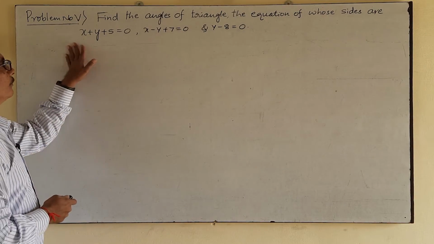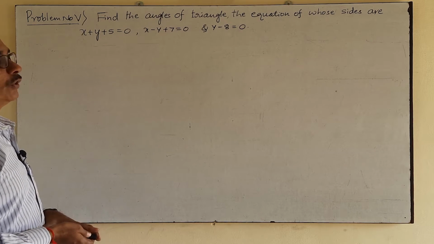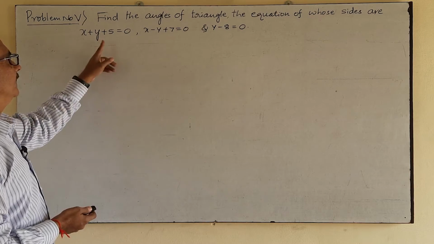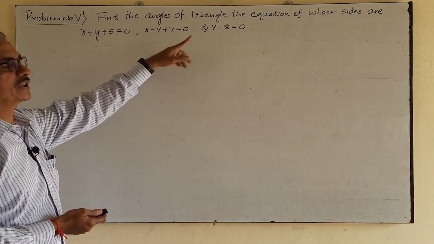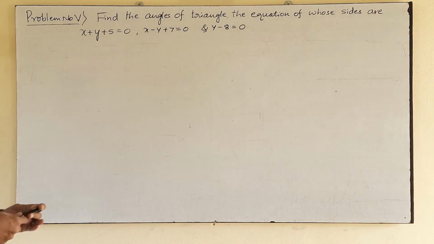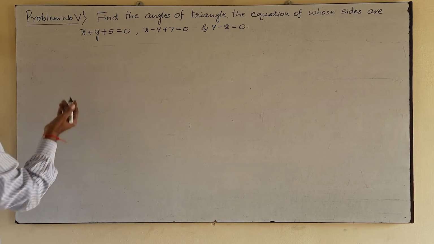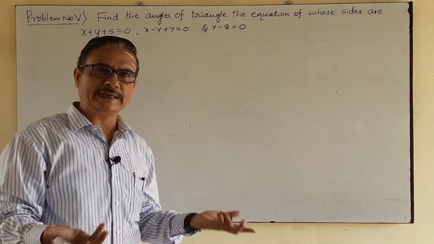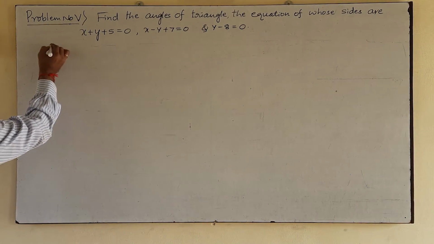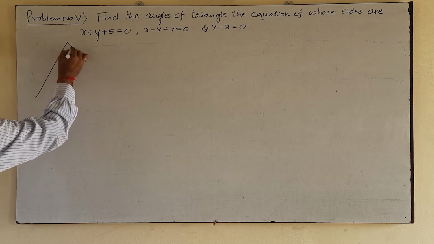Problem. Find the angles of triangle. The equation of whose sides are 3 sides, its equations are given. Using these 3 sides to find the angles. Here is a triangle. We don't know what that triangle is, it may be right angled or isosceles or equilateral, we don't know. We will draw a rough diagram. This is one triangle.